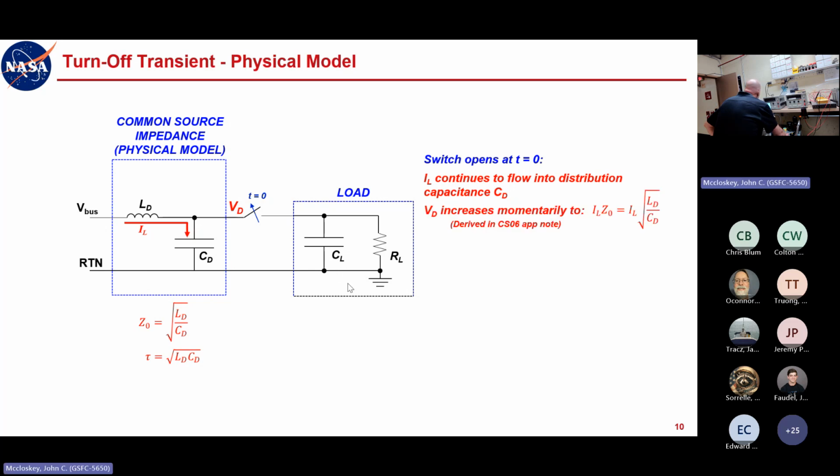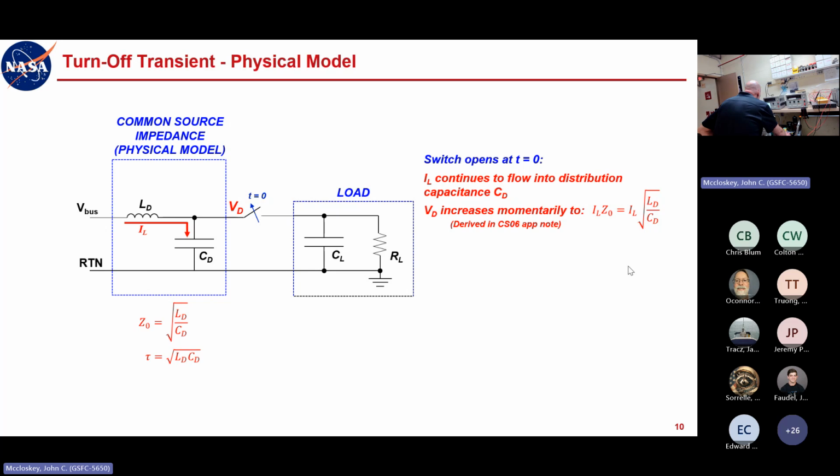And so your VD will now increase momentarily to still IL times your Z naught, your characteristic impedance, but that equals the square root of L over C, and that's derived in that CS06 app note. So again, you can read the app note if you want to go through the math and the derivation if you like that sort of thing.